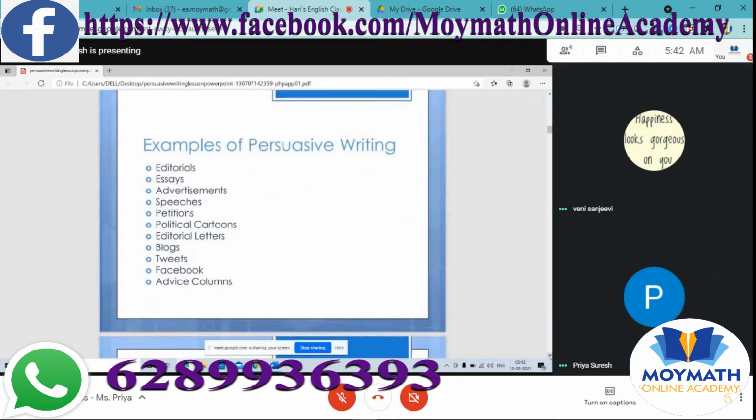Examples are given. Read newspaper. No, I don't read newspapers. Editorials you can find in advertisements, speeches, petitions, political cartoons, editorial letters, blogs, tweets, Facebook advice columns.